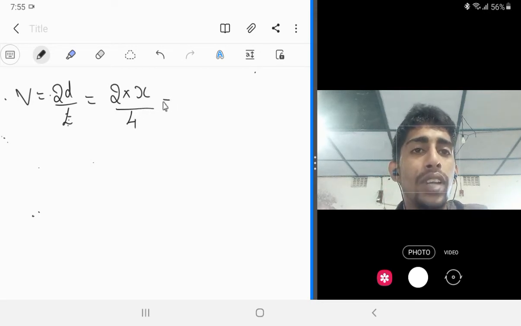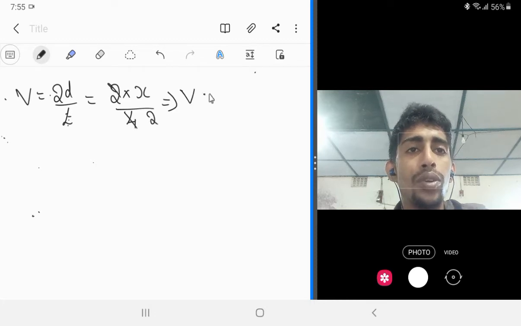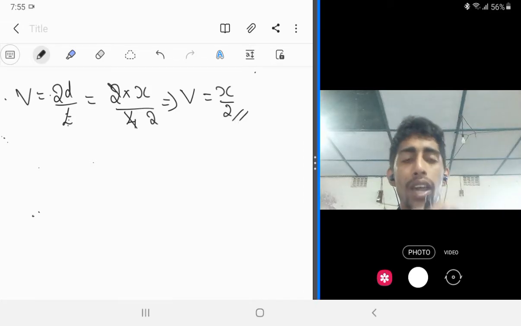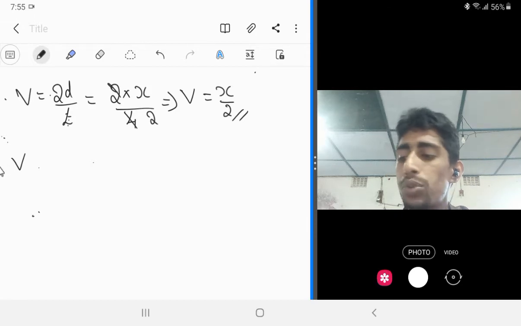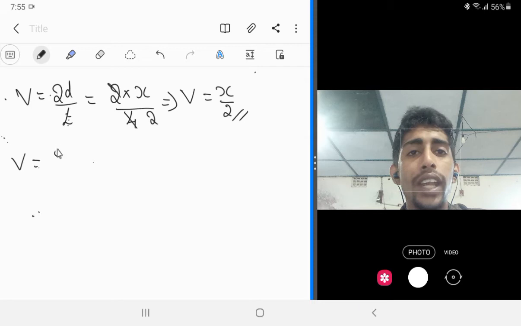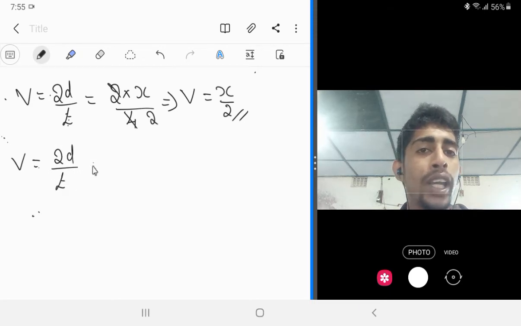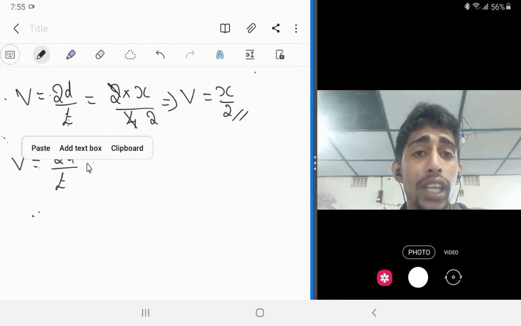Then we will get v is equal to x by 2. Just keep it here. And the second case, the distance between the final position and the cliff. Then also we use the same equation, v is equal to 2d by t.